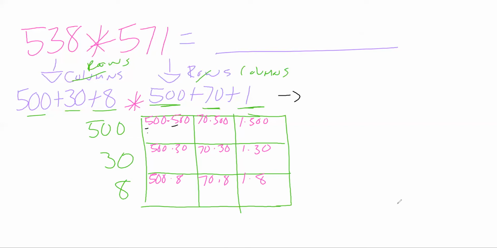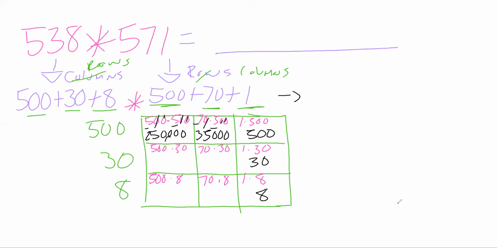So 5 times 5 is 25, and 1, 2, 3, 4 zeros. It's going to be a big number: 250,000. 7 times 5 is 35, and 1, 2, 3 zeros. We're going to have some big numbers to be working with. Identity property, so that's just 500. Let's finish those.